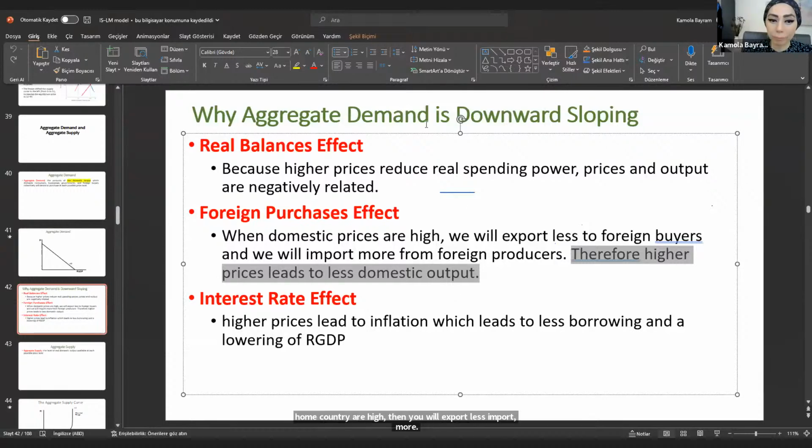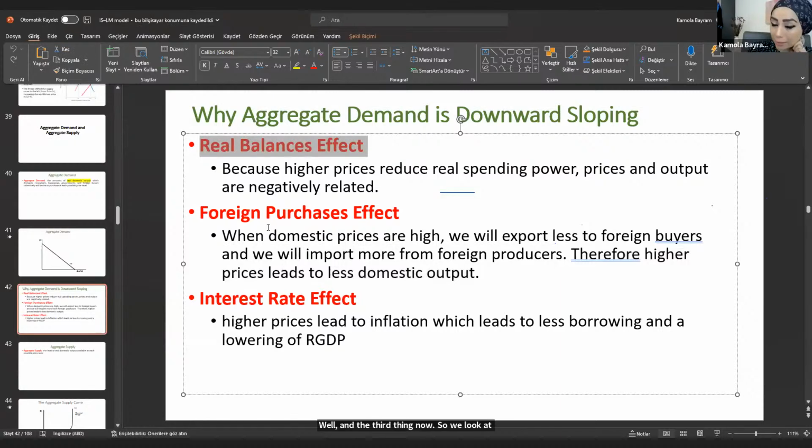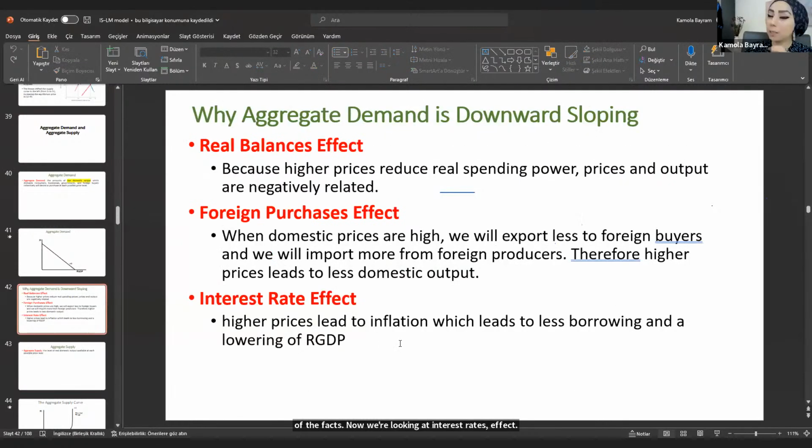Well, and the third thing: we looked at the real balance effect, we looked at the foreign purchases effect. Now we are looking at the interest rate effect. So, higher prices lead to inflation, which leads to less borrowing and a lowering real GDP.